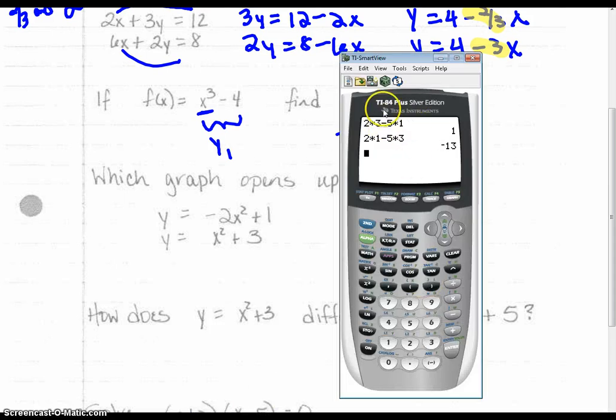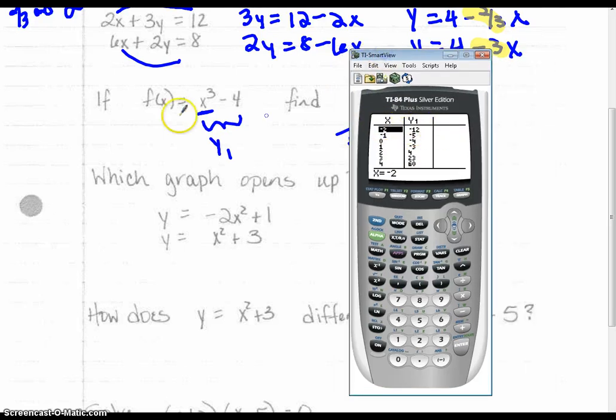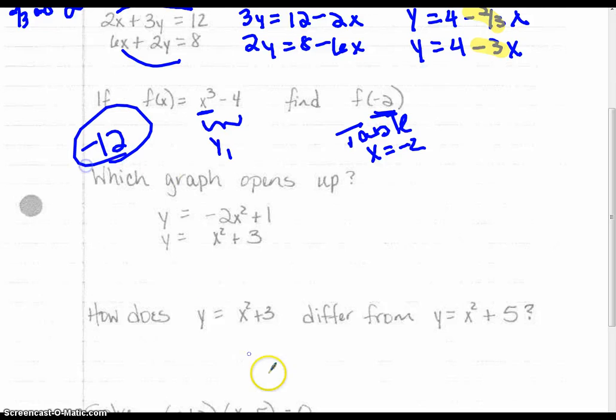Pull up your table, go to y equals, clear everything out, and enter x to the third minus 4. Go to your table. We are looking for f of negative 2; negative 12 is your answer. That's all you have to do.